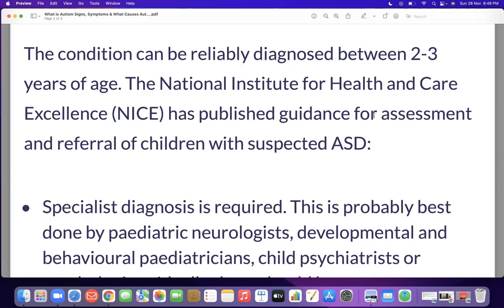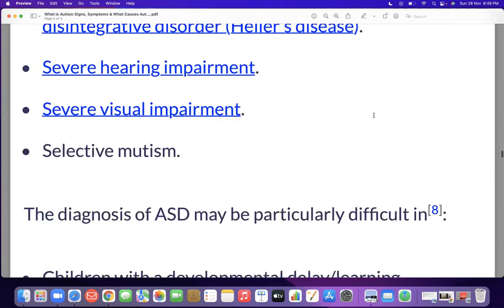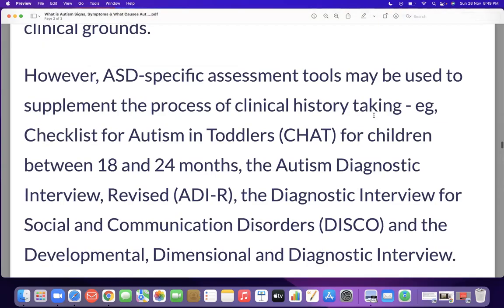One is social, one is behavior, one is linguistic. You can consider verbal and non-verbal in social, and another is the behavioral. Yes, this is how you have to answer.